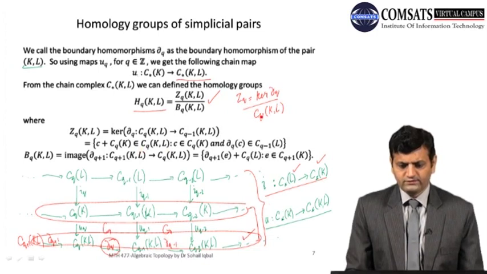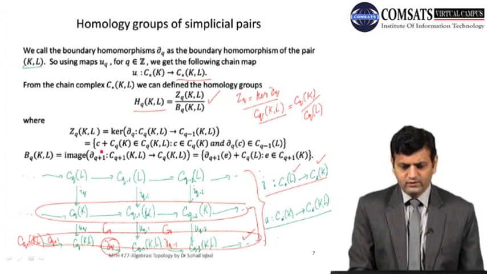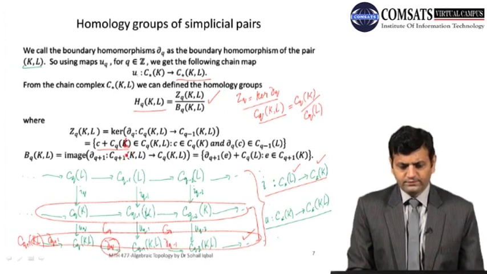So what are the elements of C_q(K,L)? Because C_q(K,L) is equal to C_q K quotient with C_q L, the elements will be of the form c + C_q L, such that c belongs to C_q K and the boundary of this c belongs to C_{q-1} L.